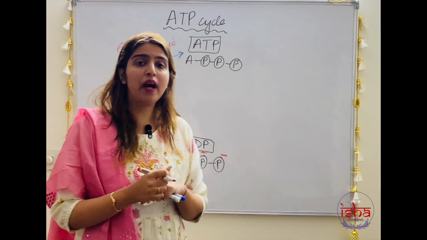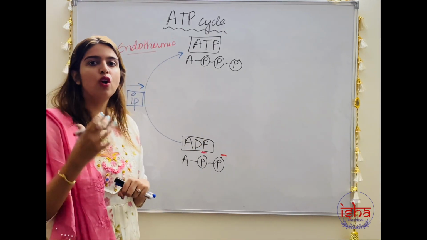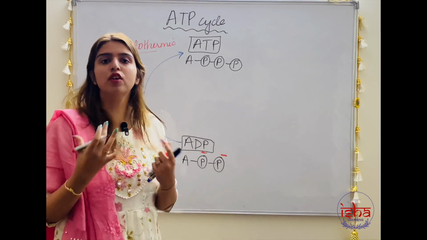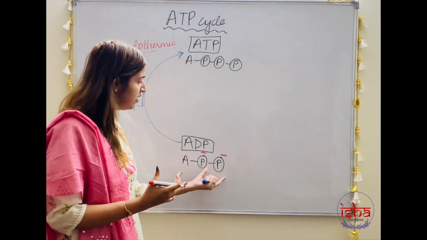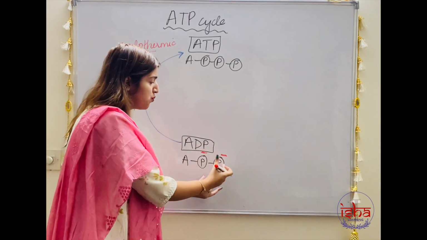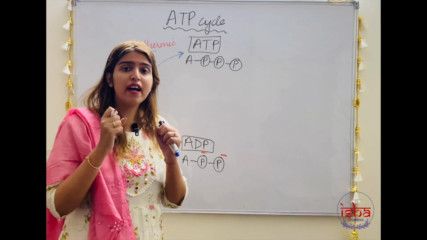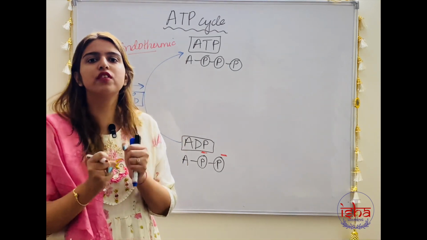Now, if I were to add another phosphate group, I am going to introduce a lot of electrostatic repulsion. Of course, this negatively charged cloud is not going to want another negatively charged molecule to come and get added here. So I have to force the formation of this bond.